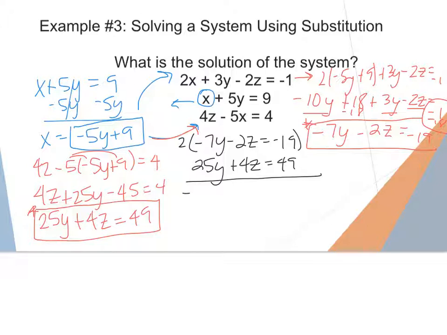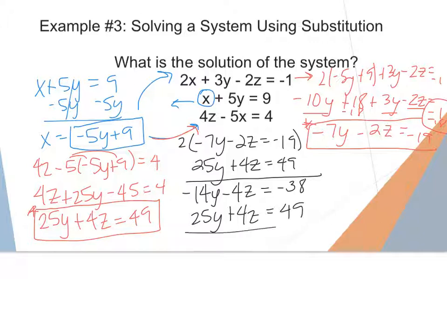We should have negative 14y minus 4z equals negative 38. And we should have 25y plus 4z equal to 49. Okay, the z's are gone, and I'm left with 11y equal to 11, so y must equal 1. Okay, that's our first answer.